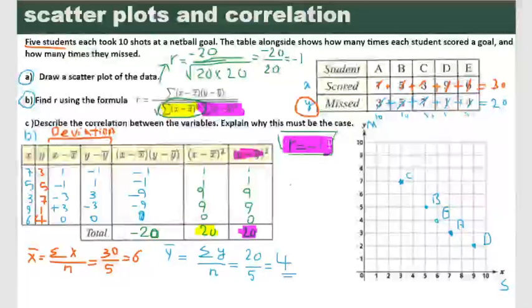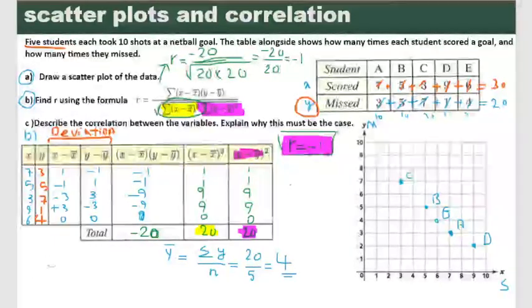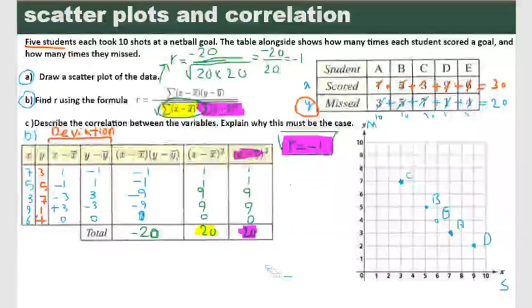And I will go to answer part C. To answer part C, first of all, let me erase this part to have a space to answer part C. And I go for the graph here.